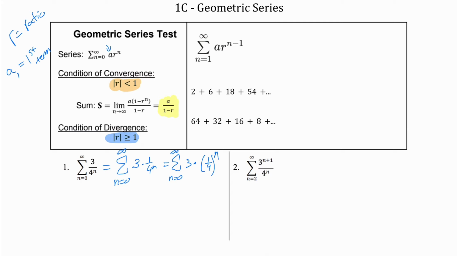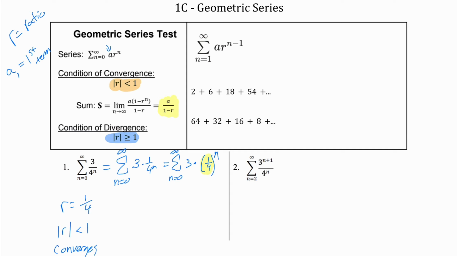What that does for us is it helps us identify our common ratio. Our common ratio is going to be 1/4, which means the absolute value of our common ratio is less than 1, which makes this a convergent infinite series.